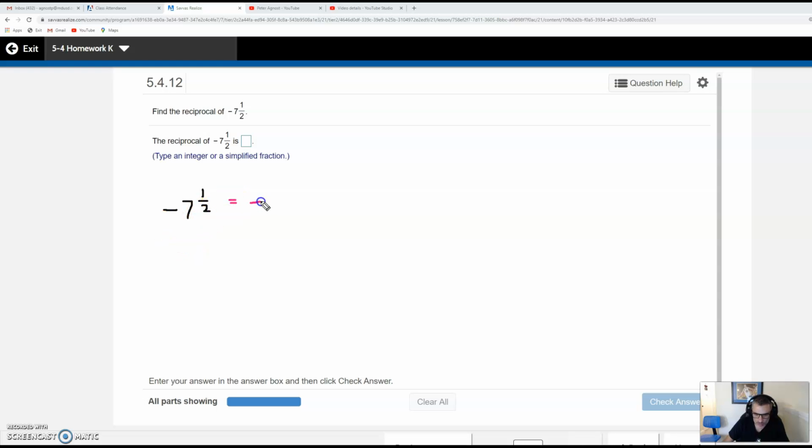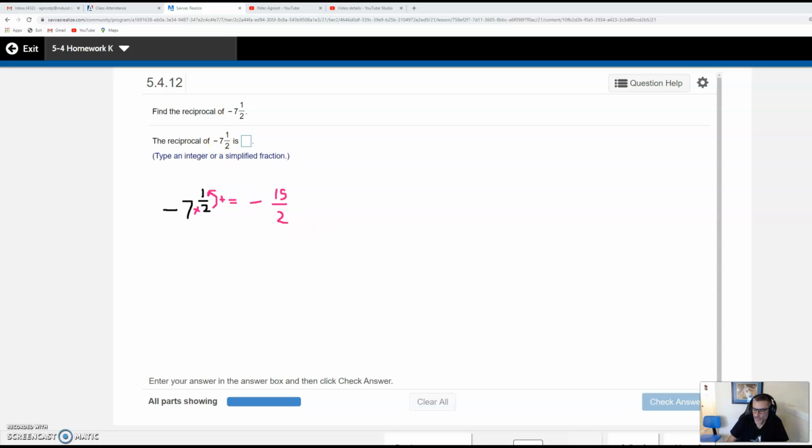I'm going to put my negative there, and I'm going to do 7 times 2. You take the whole number times the bottom is 14, and then you add the top. So that is 15 over 2. So I have negative 15 over 2. So negative 15 over 2 is equal to -7 1/2.